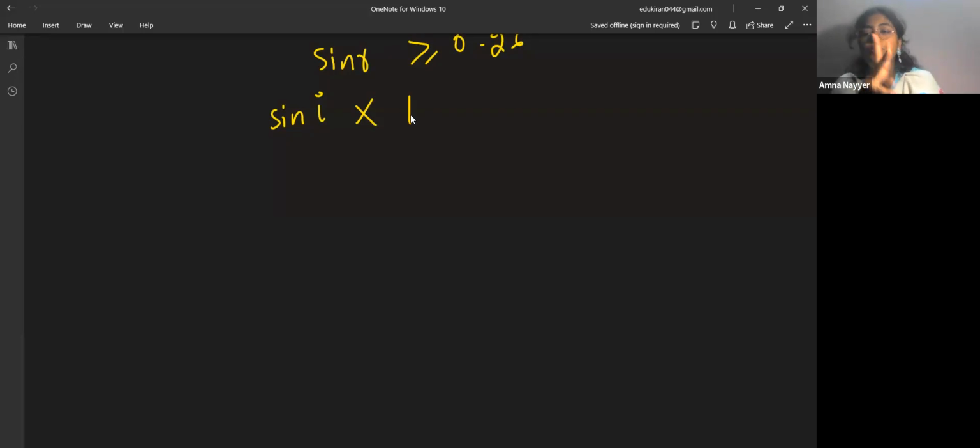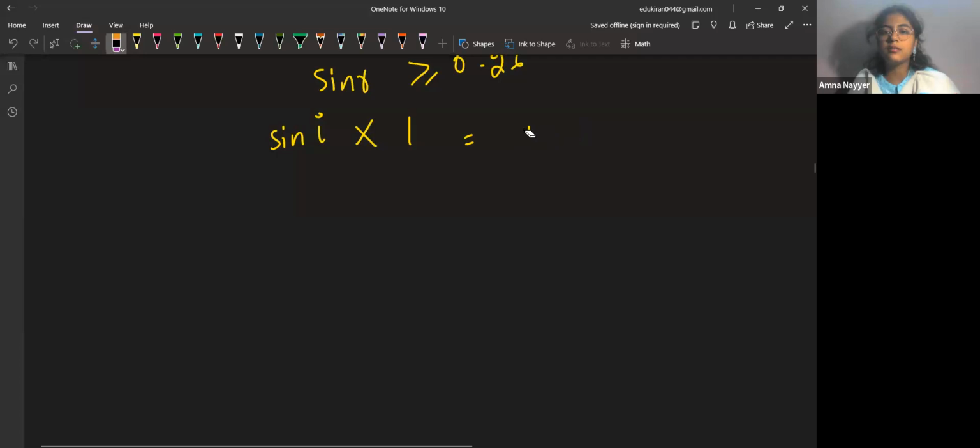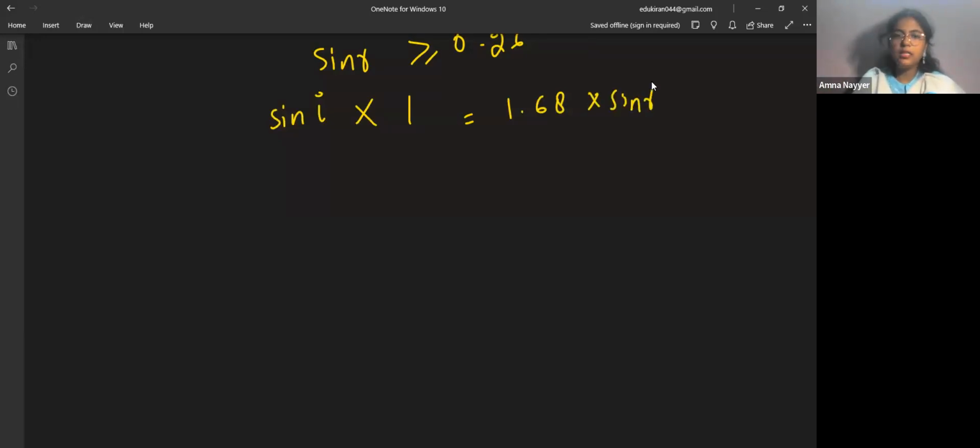Air, glass, water. Remember these three. Okay? So sine i into 1 is equal to, for sine r, which is 0.26, the refractive index was 1.68 into sine r. Correct? Now sine i I have to find out.